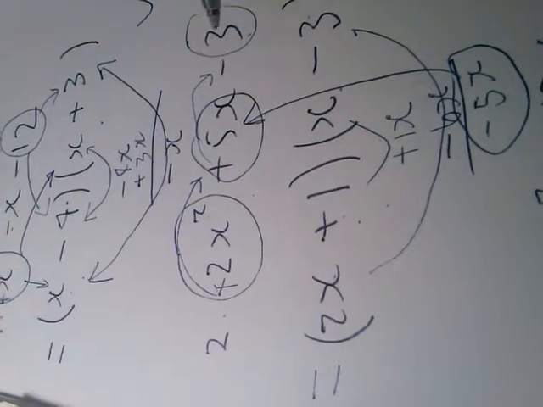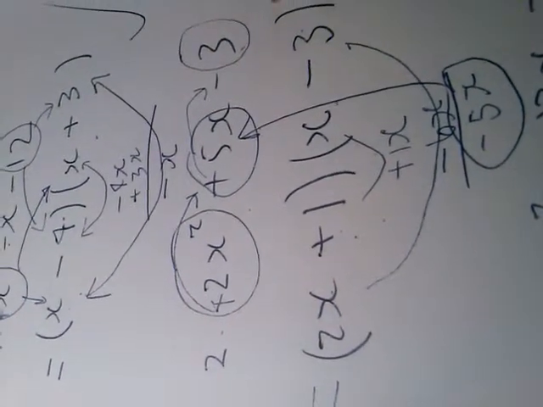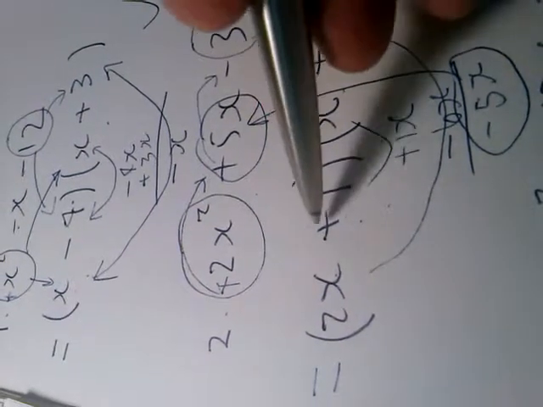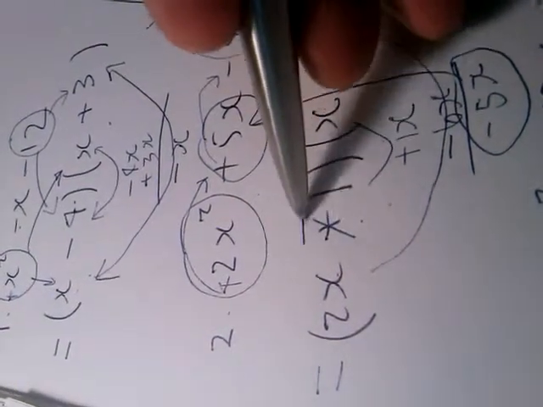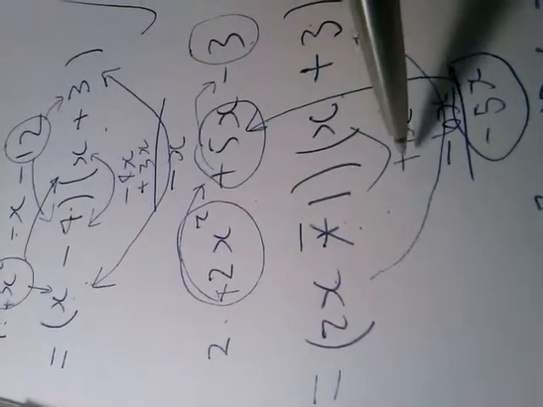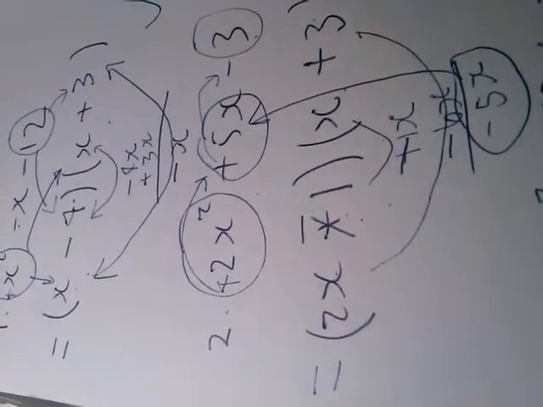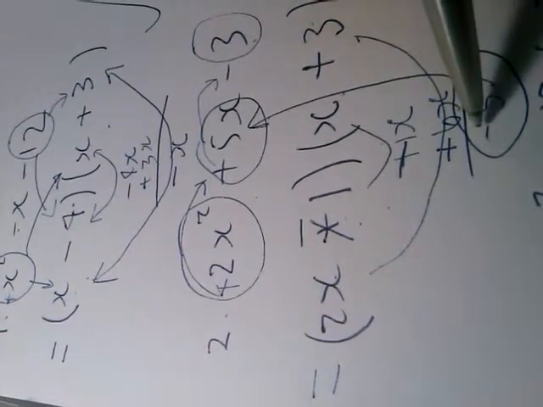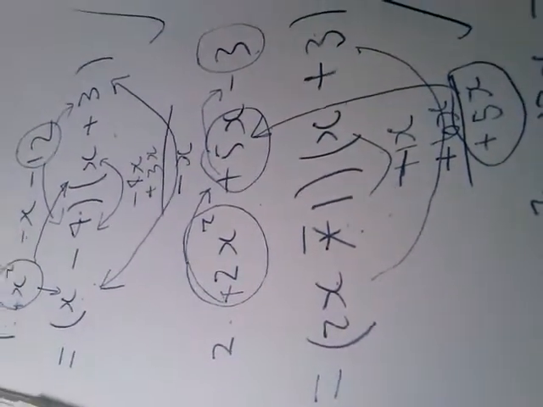Therefore, to fix this problem, all I need to do is change this one to plus and this one to minus. So in that case, I get minus 1x plus 6x, and that gives me plus 5x. The problem is fixed.